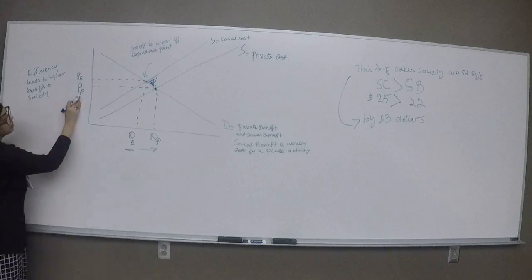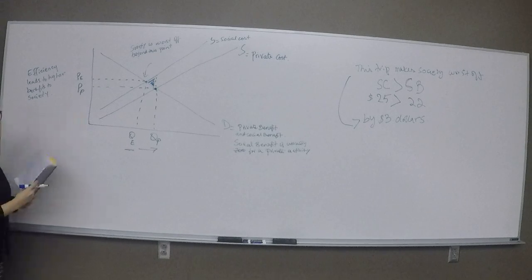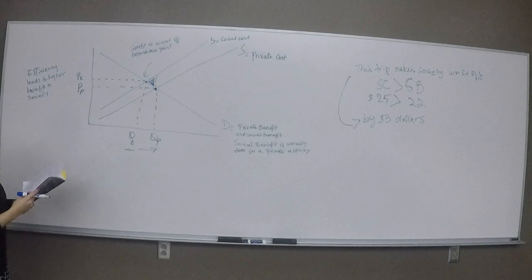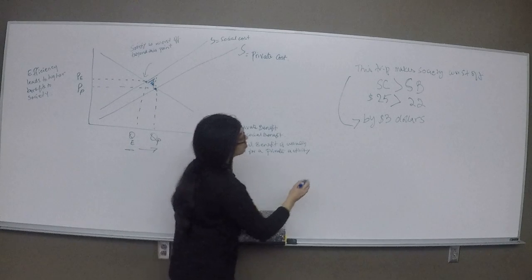So private cost was $20, and social cost was about 25, right? There was a $3 difference, is what we calculated.